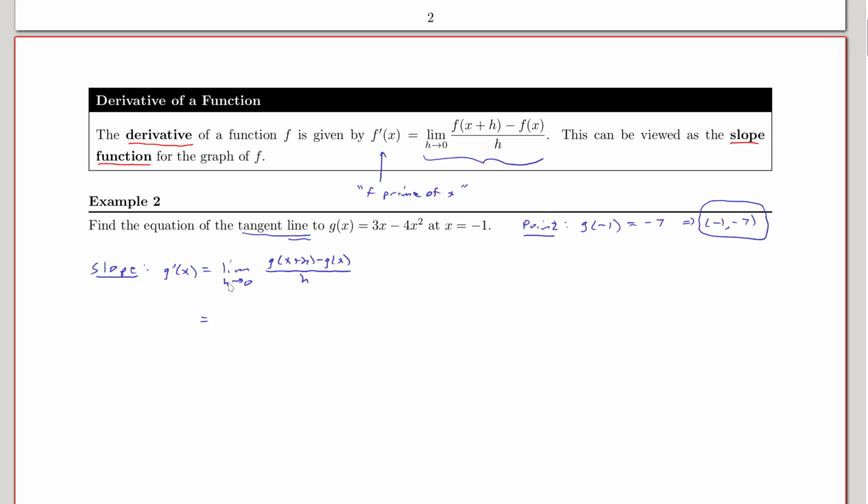So g prime of x is the limit as h approaches 0 of g of x plus h minus g of x over h. And then we just have to plug things in. This is where students tend to find difficulty, is g of x plus h. So if you just go off to the side here, a little scratch work, think about composition of functions.